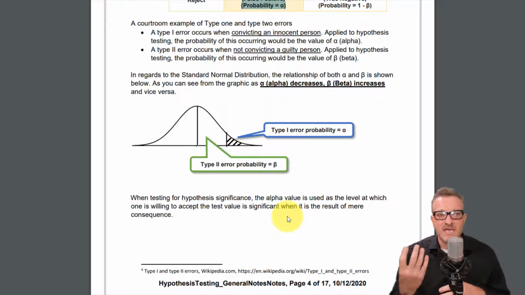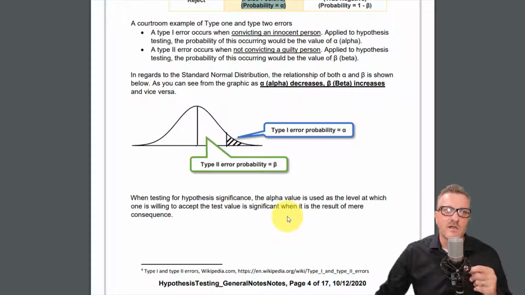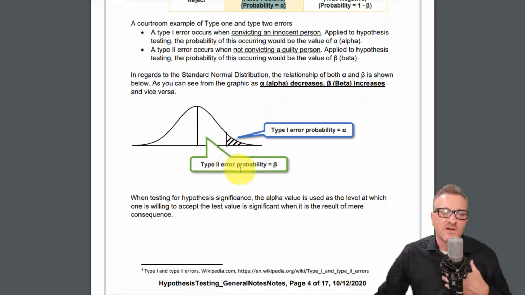So we do a test and we say, well, the probability of the mean falling within this range is really rare. And if it's in this area, then we're like, well, either we're wrong by mere chance, or the actual sample mean is different, which means the population mean is not what we thought.